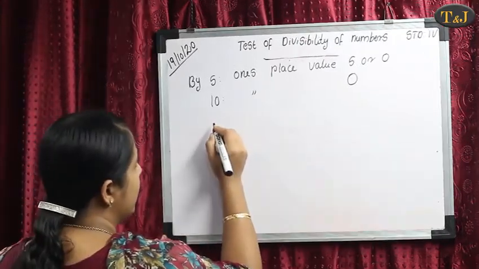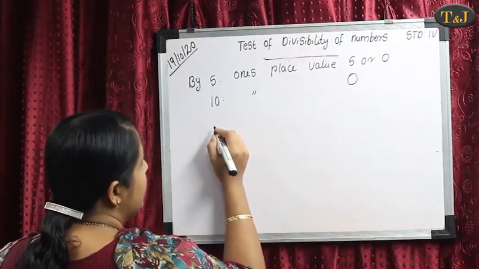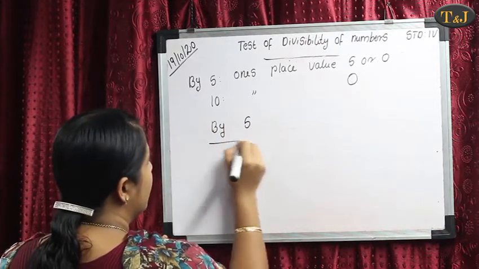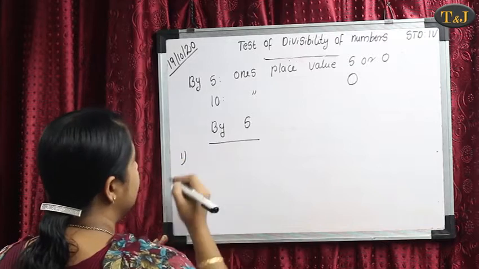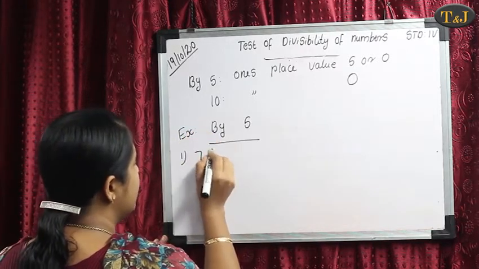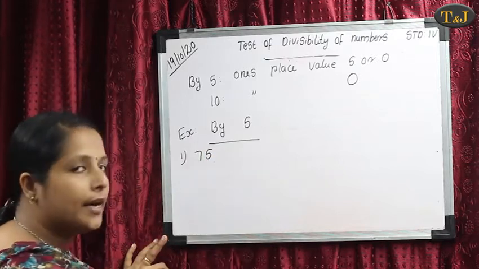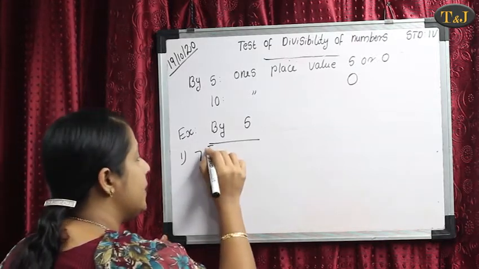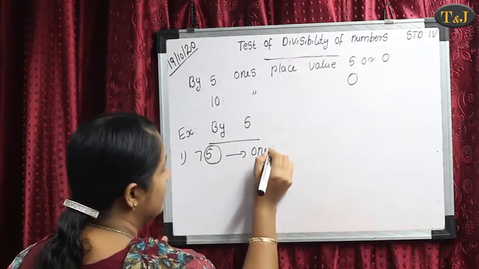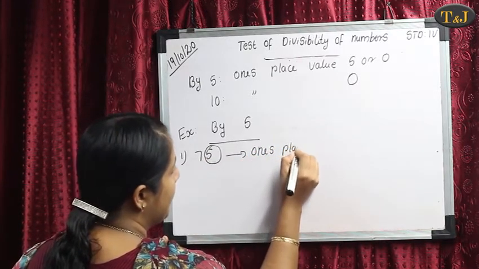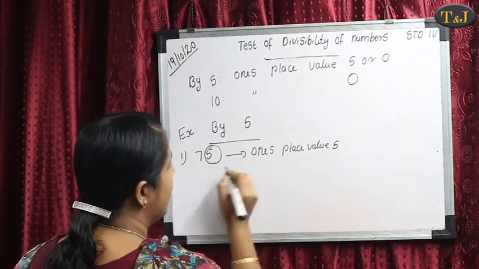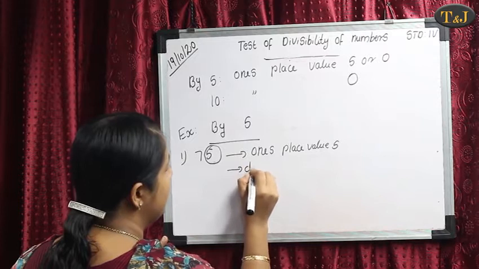Then our first example for checking divisibility by the number 5. Take the number 75. Is 75 divisible by 5? Yes, the ones place value is 5. So the number 75 is divisible by 5.